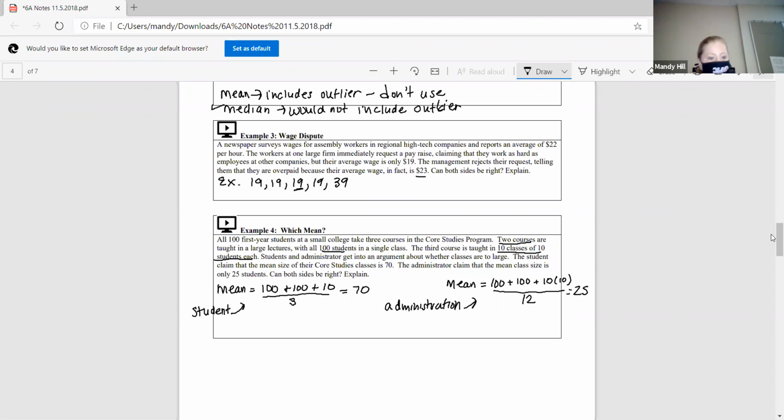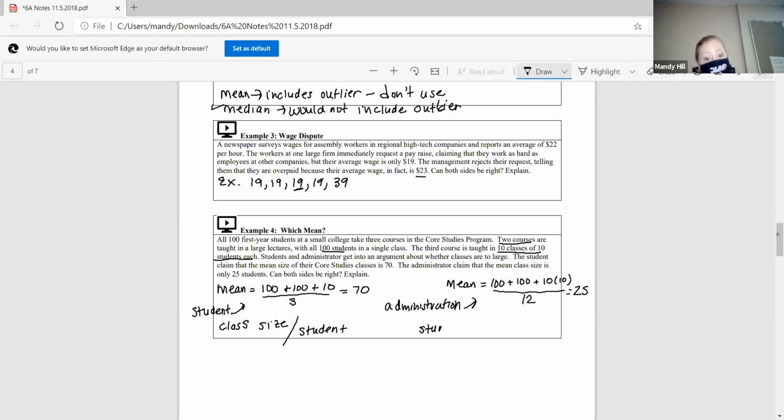So the student is making this specific to them. What the student actually found is the class size per student. And what the administration found is the students per class. Sorry about my misspellings today.